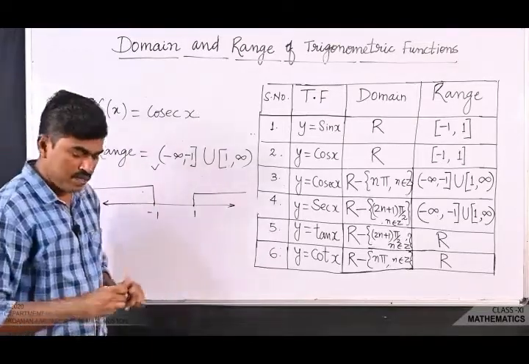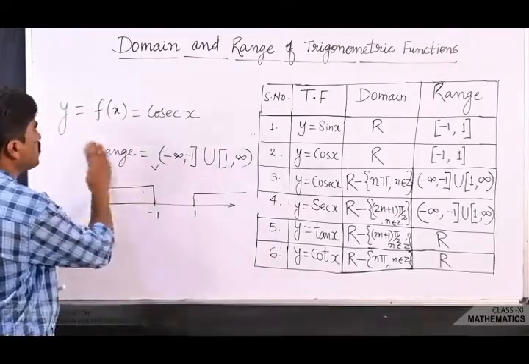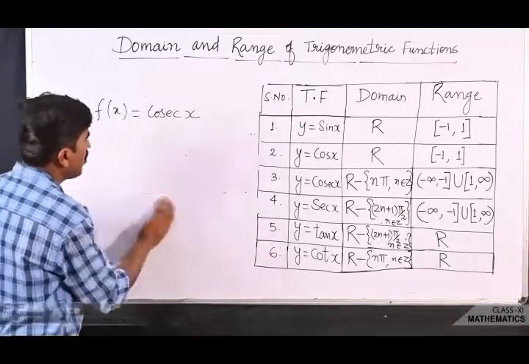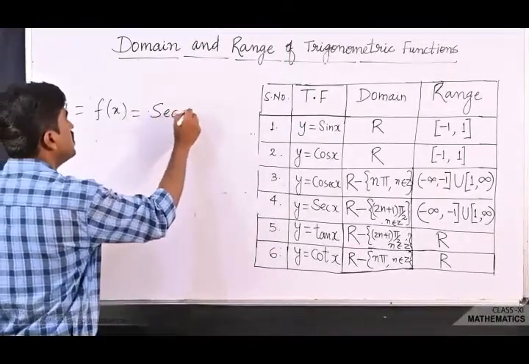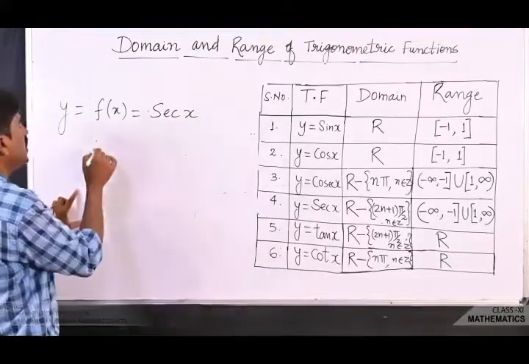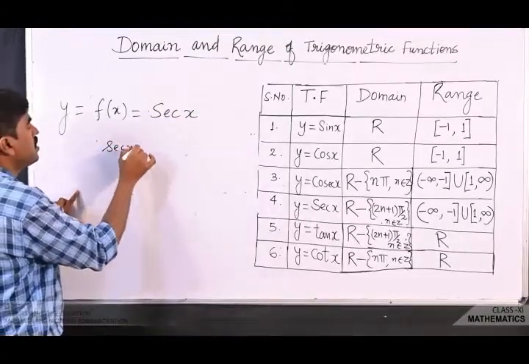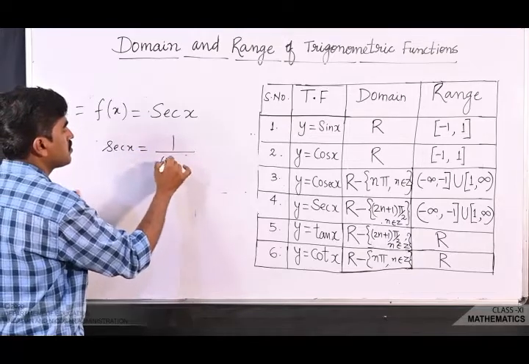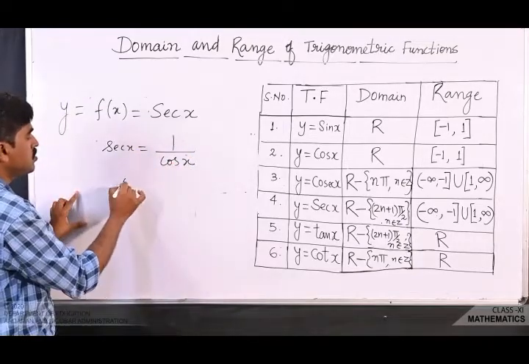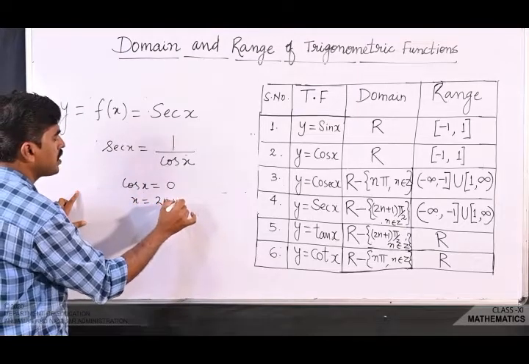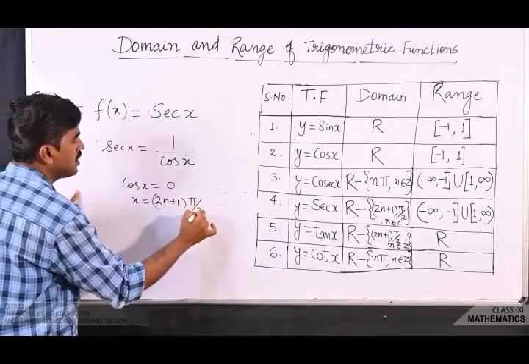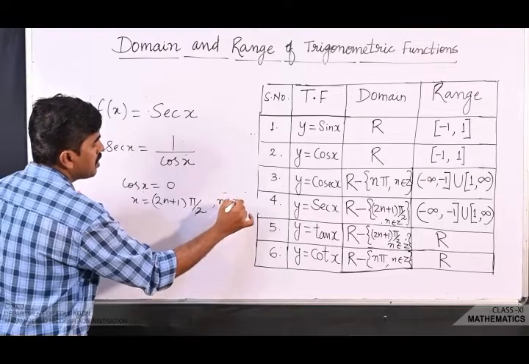Okay. Now let's come to the domain and range of the sec function. Again, sec x. We know that sec x is the reciprocal of cos x. So cos x will be 0 if x is equal to 2n plus 1 times pi by 2. That I told you in the previous class.